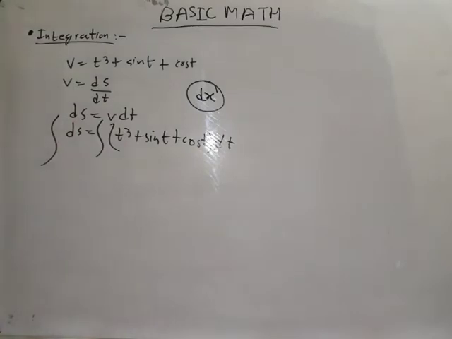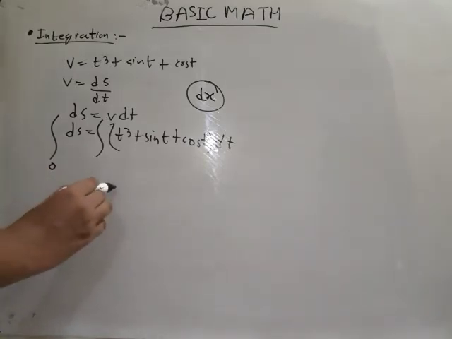If we put integral values, we see that we are more interested in taking the value of displacement from a certain point in time to a certain point in time. Before that, whatever may be the displacement, suppose it is s1.